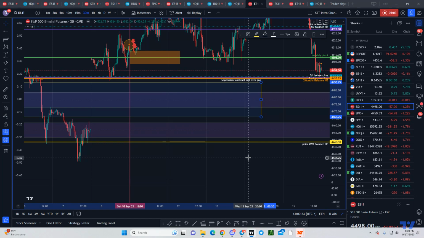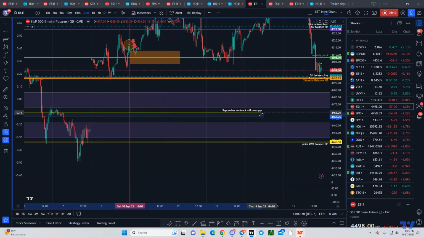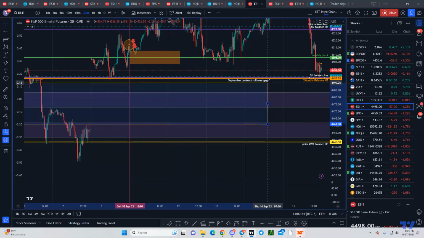In September, I have here that it basically settled at 44.61. So it's at 44.61. That's in this area here. Settle 44.61. That's what is settled. So the gap will run all the way up here, which is a 50-point gap.